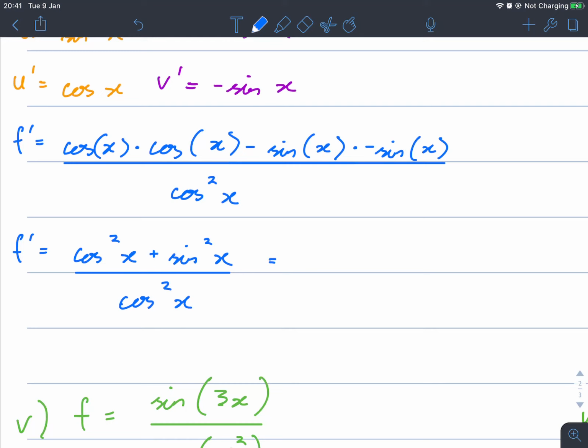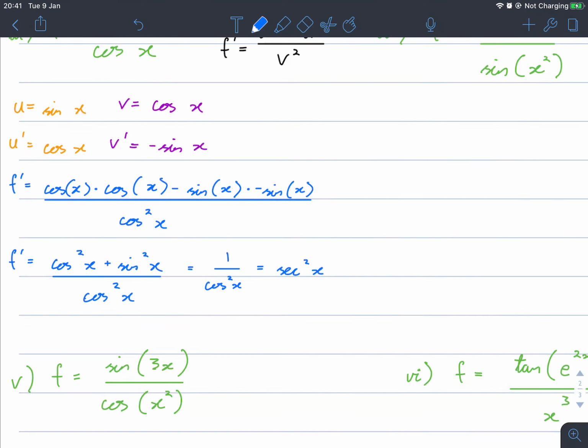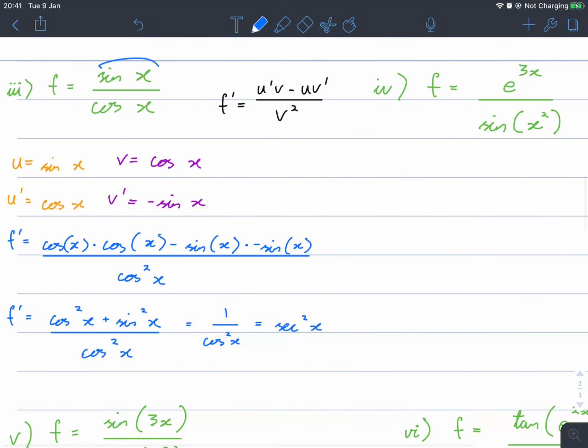And using some trig identities, cos squared x plus sine squared x becomes 1 on cosine squared x, and this is actually just sec squared x. Anyone with an astute eye would have noticed that sine x on cosine x is actually tan x. So the derivative of tan x becomes sec squared x because of the quotient rule.